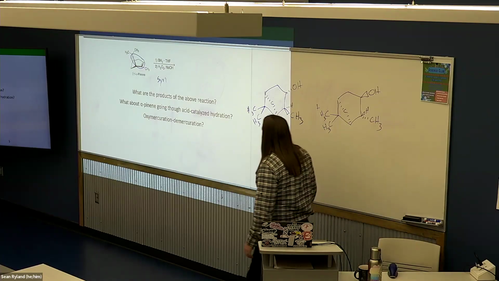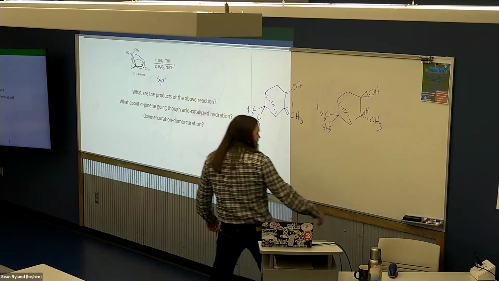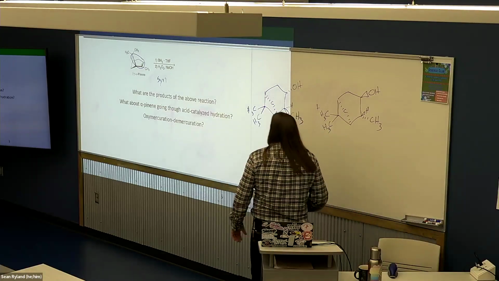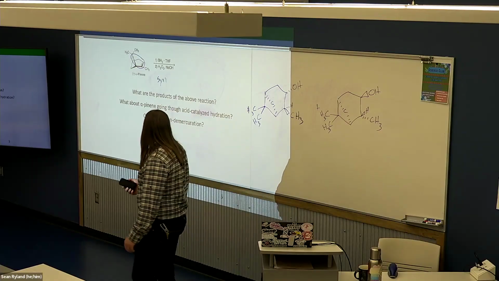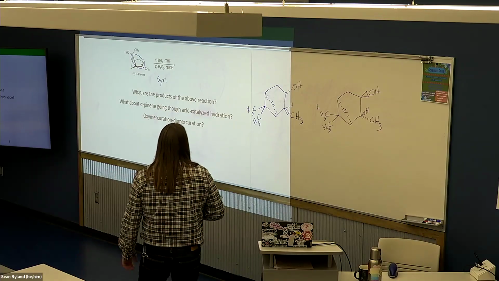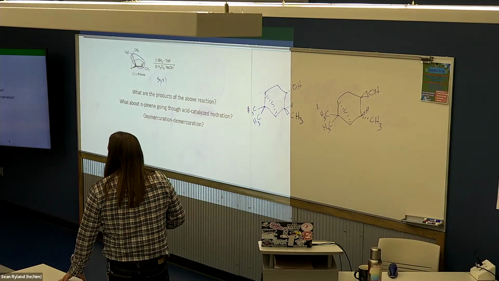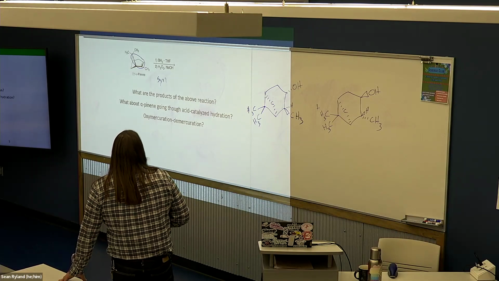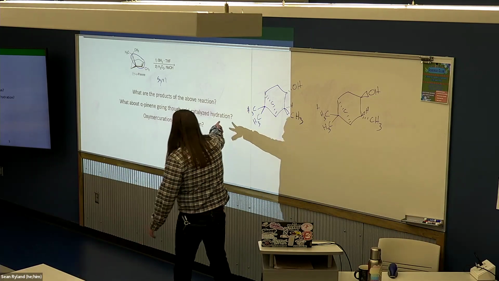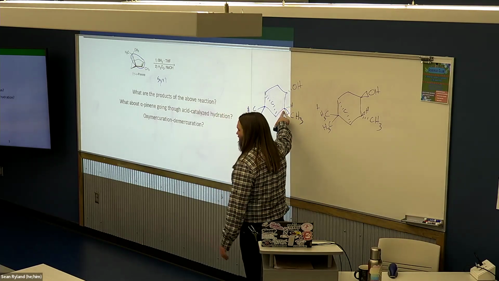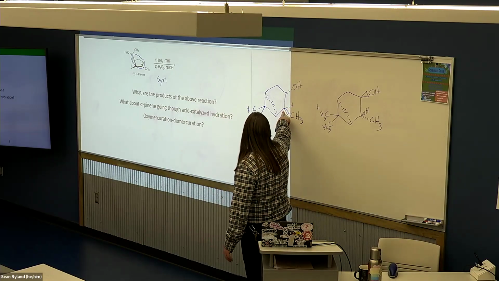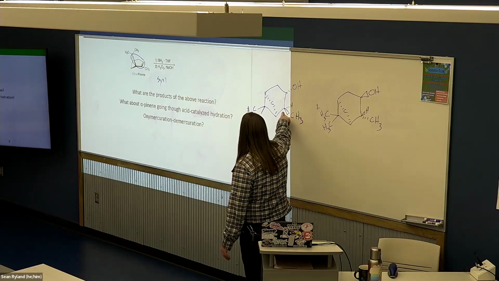All right. What would be different if it went through acid catalyzed hydration or oxymercuration? Both of these are Markovnikov additions, right? So we're going to put the OH on the carbon that has the methyl group in that case.